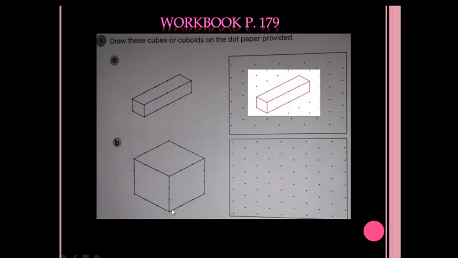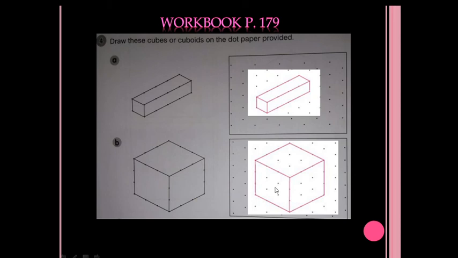If it is a cube, it should be the same, 1, 2, 3, and the height also the same, 1, 2, 3. So you put it in here. Okay, then I start in here, 1, 2, 3, and then the depth 1, 2, 3, and the height 1, 2, 3, like that. The picture should be like this. Okay, don't forget to use a ruler to draw these pictures.